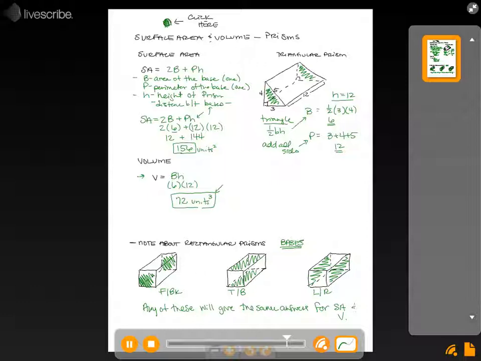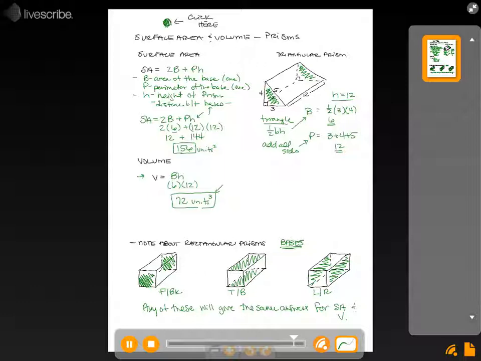If I'm just finding surface area and volume, it doesn't matter what I pick to be the bases on a rectangular prism. I am going to get the same answer no matter how I do it. Okay? Because essentially, we're figuring out the same thing. Okay, if I'm doing length times width times height, I can put them anywhere in my rectangular prism. They could be any of the 3 dimensions, and I'm still going to get the same answer because when I multiply them all together, it's going to be the same thing.